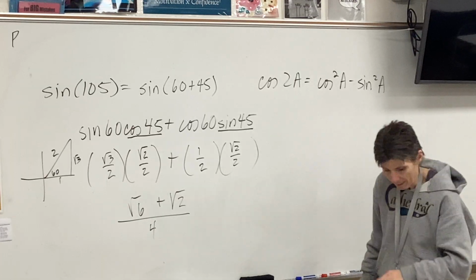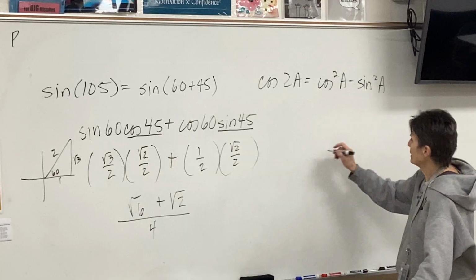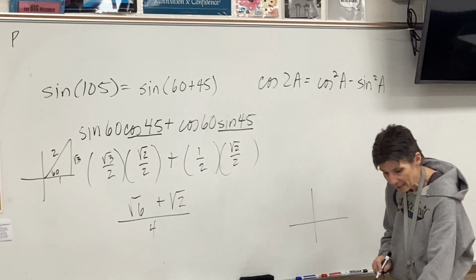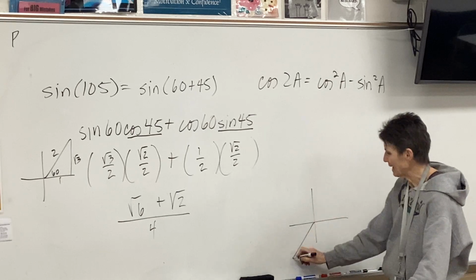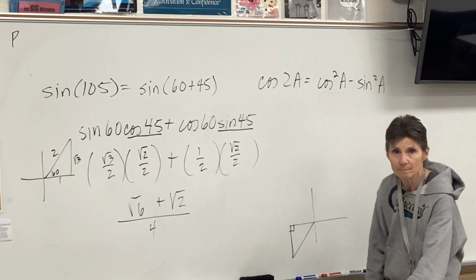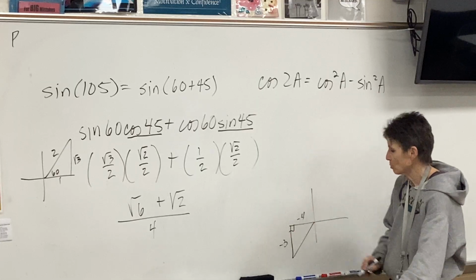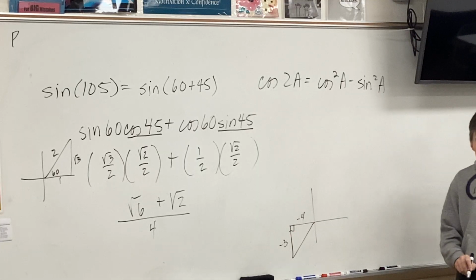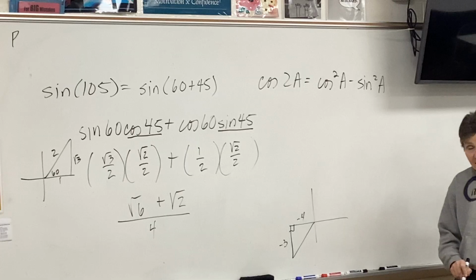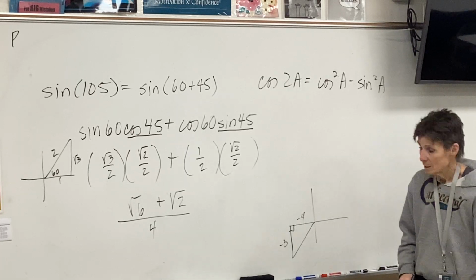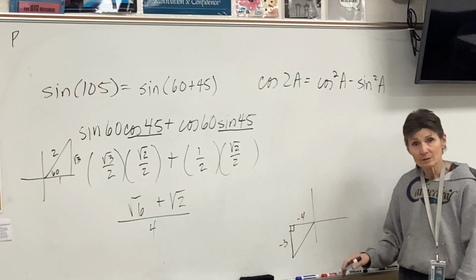All right, that's step 1. Write down my formula. Now, what do I know? I know that my triangle is in quadrant 3. It just flat out tells me I'm in quadrant 3. And I know the tangent is 3/4. Those are both negative. Opposite and adjacent are both negative. And I'll do the Pythagorean theorem or not.